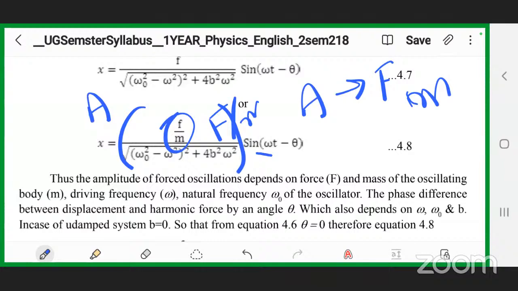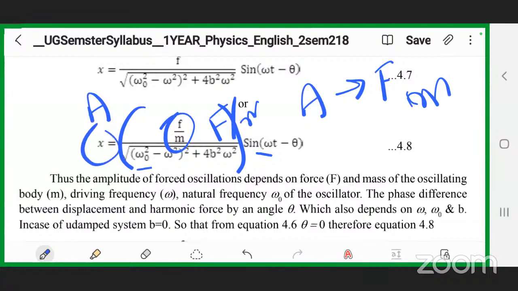That means here the oscillator is doing forced oscillations. And here omega naught square is there. What is omega naught square? The natural frequency of the oscillator. So these are the terms you have to mention while writing the final equation.